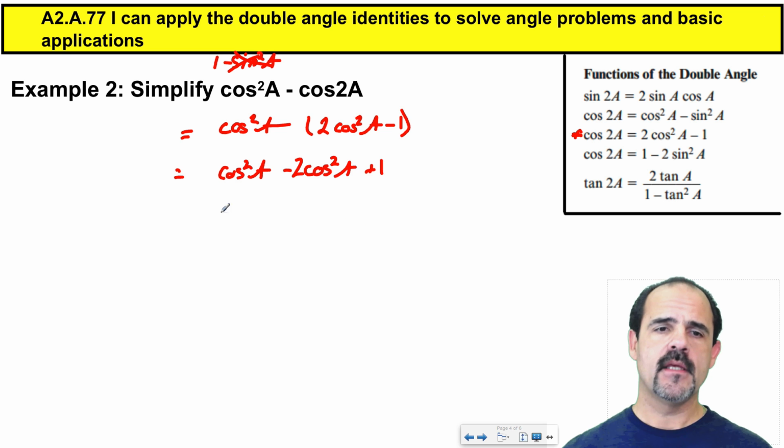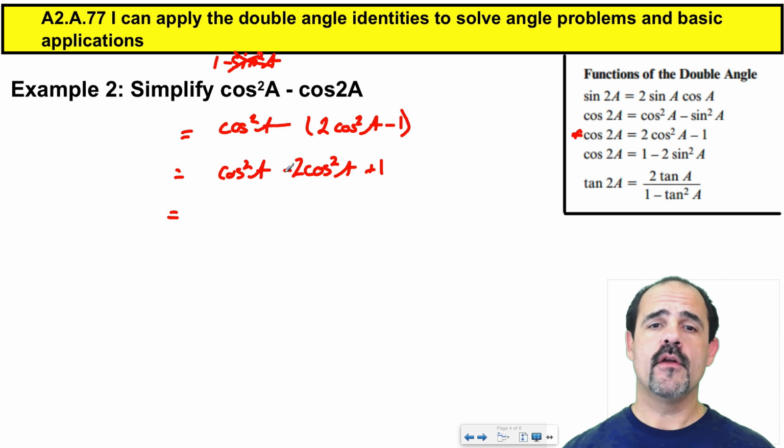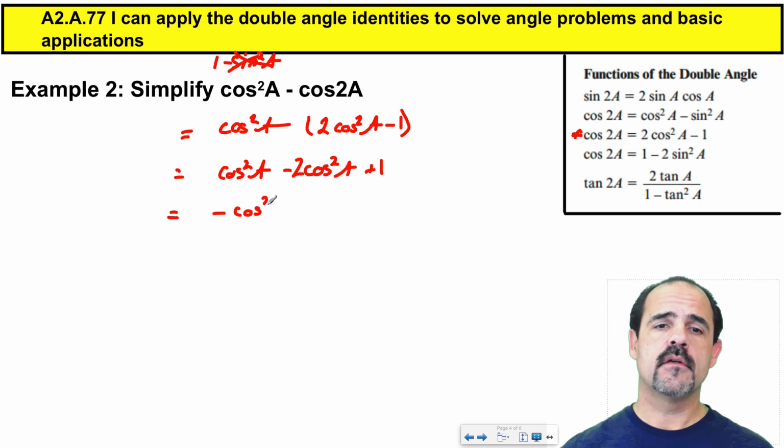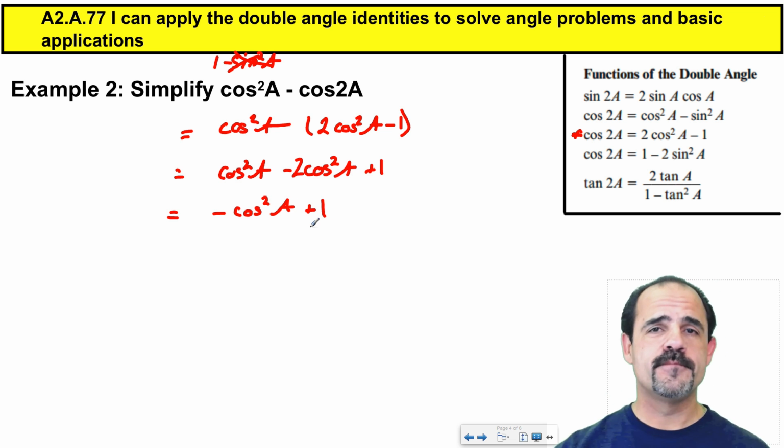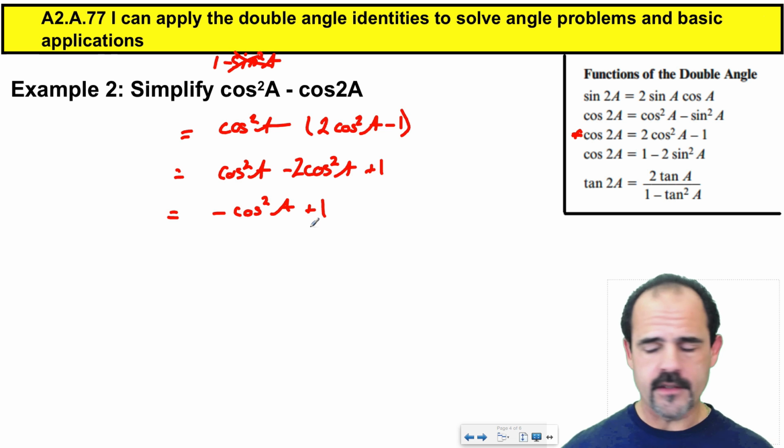Okay? Now let me combine my like terms because these both have an a on the inside. They're both squares. So these two combine, and it's going to be negative cosine squared of a plus 1. You think you're done? Take a look at it. Think Pythagorean. You're not done.